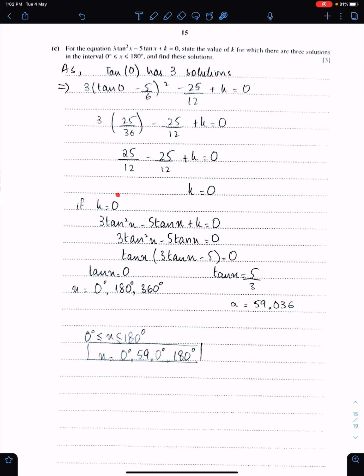If k is 0, then we have this equation, and tan x has these three solutions and here this solution. So we have three solutions: 0, 180 and 59.036. You just need to observe the expression carefully.